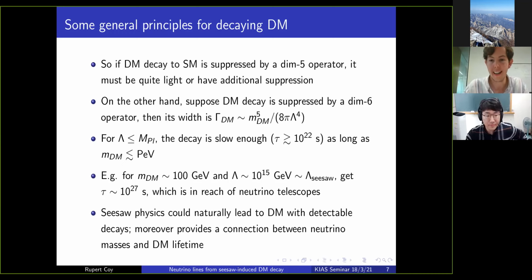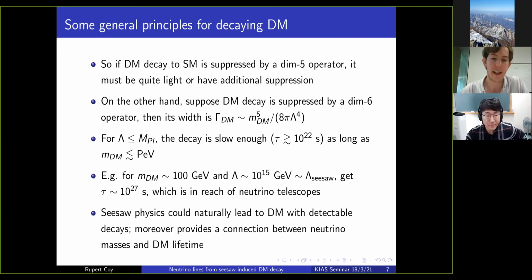So then we can go to next order in the new physics scale, and we can consider an effective dimension 6 interaction. Again, by dimensional analysis, you have a width which scales as dark matter mass to the 5th divided by the scale to the 4th power.